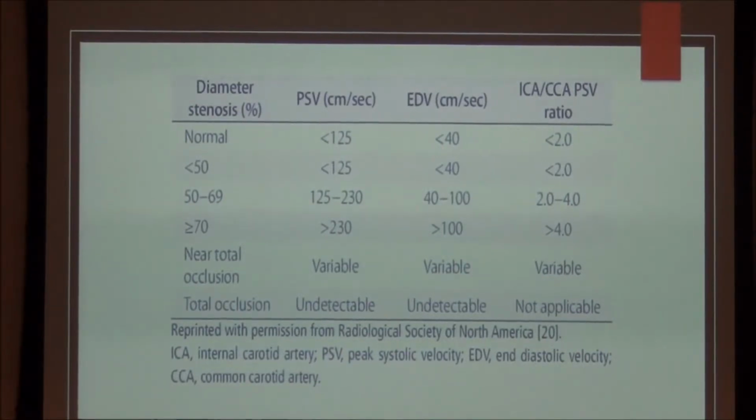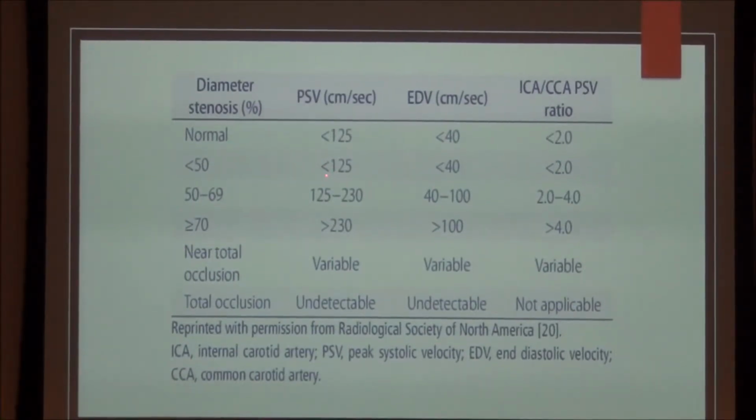This is one of the scales that we use for carotid artery duplex. Any peak systolic velocity less than 125 is considered normal. And less than 50% stenosis is again peak systolic velocity less than 125, the same criteria.